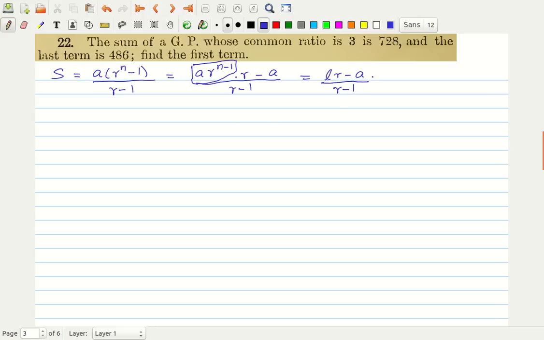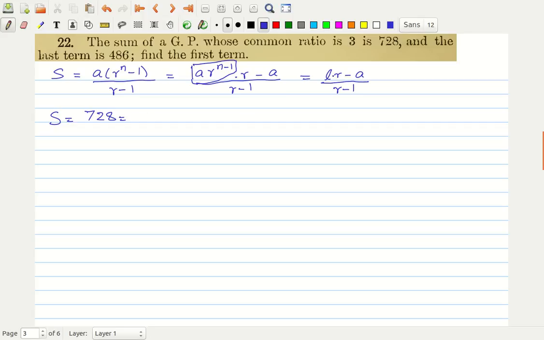The whole reason that I did all this was because over here it is given that the last term is 486. So now we have sum is equal to 728.